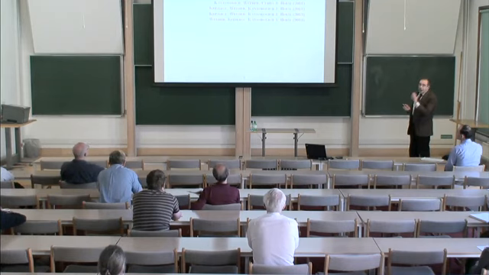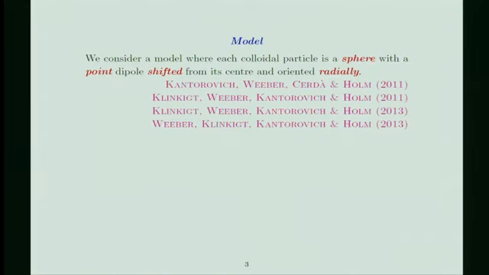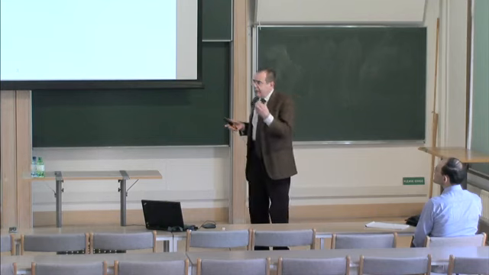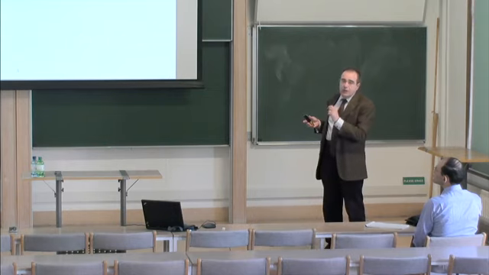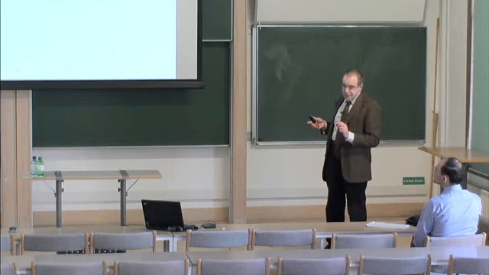All right, I'll apply a specific model, which has been invented by Christian Holm, who is in the audience, in a series of papers. The idea he came up with a couple of years ago was to imagine a variant of the usual dipolar colloidal sphere, where the dipole, still treated as a point dipole, instead of sitting in the center of the sphere, is shifted along a radius and is radially oriented.